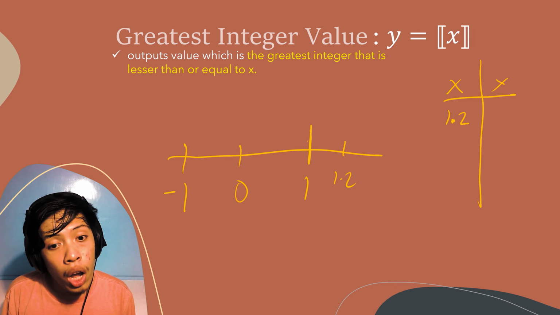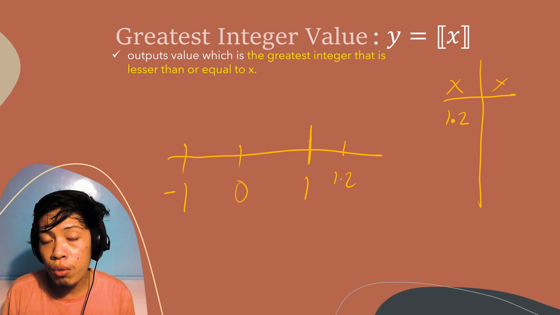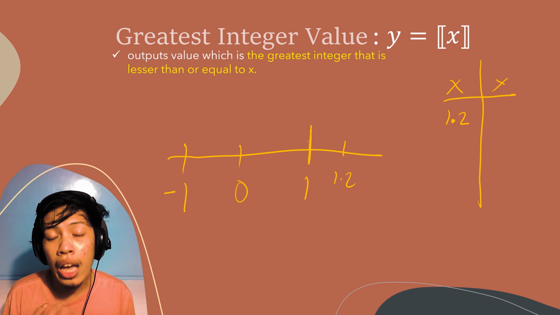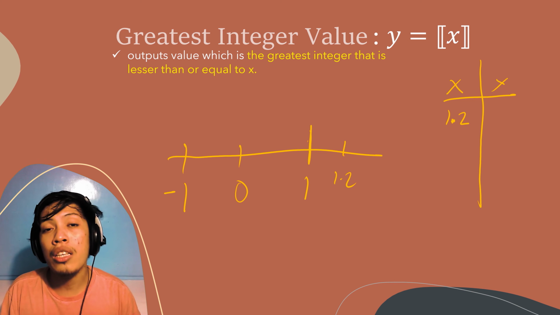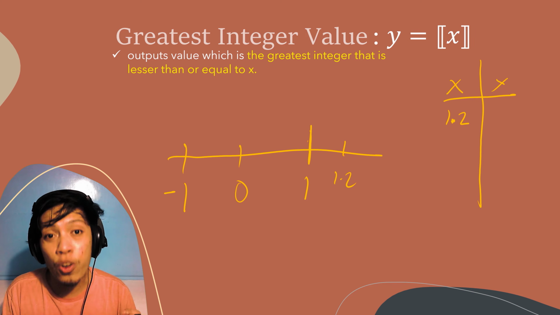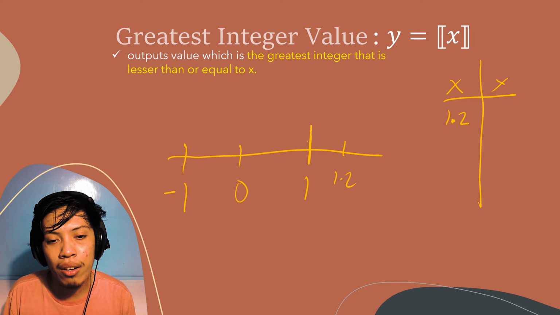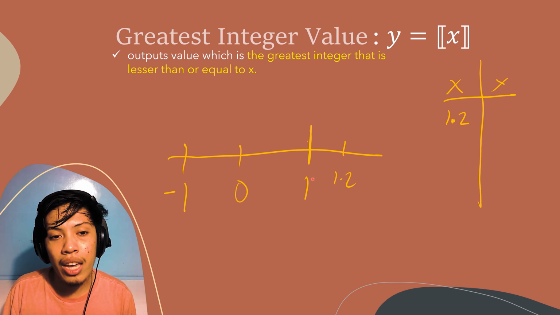Right? There is 1, there is 0, there is negative 1. What we are looking for, out of those infinite numbers that are lesser than 1.2, is the greatest, and that is 1. Right here. So your output here is 1.